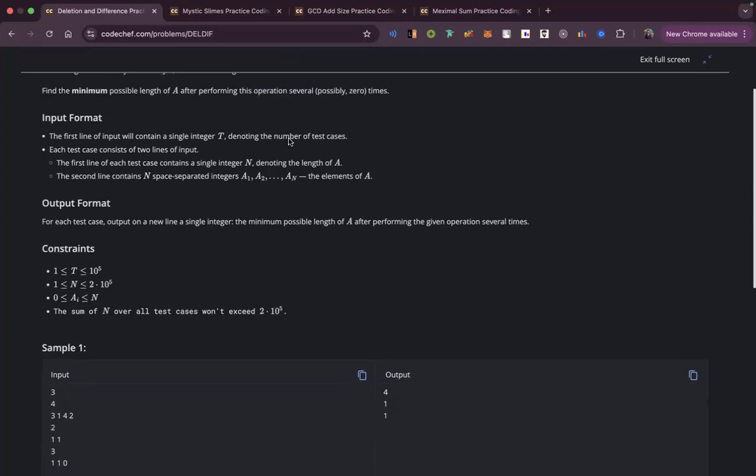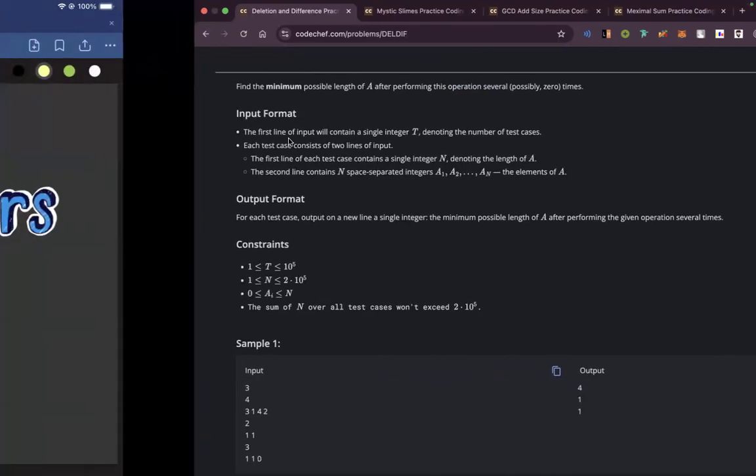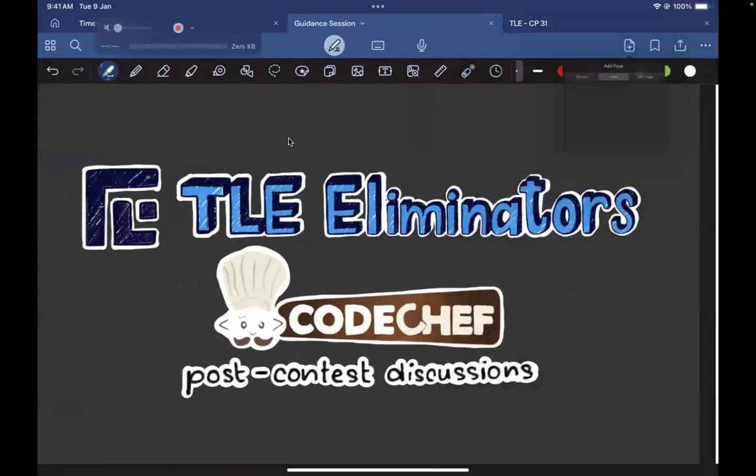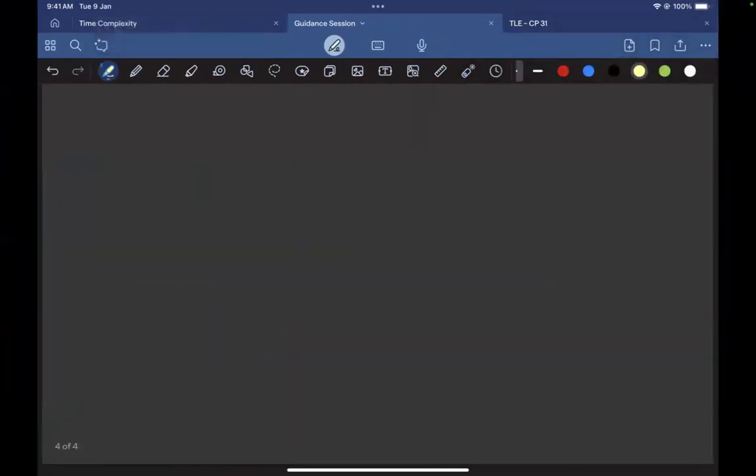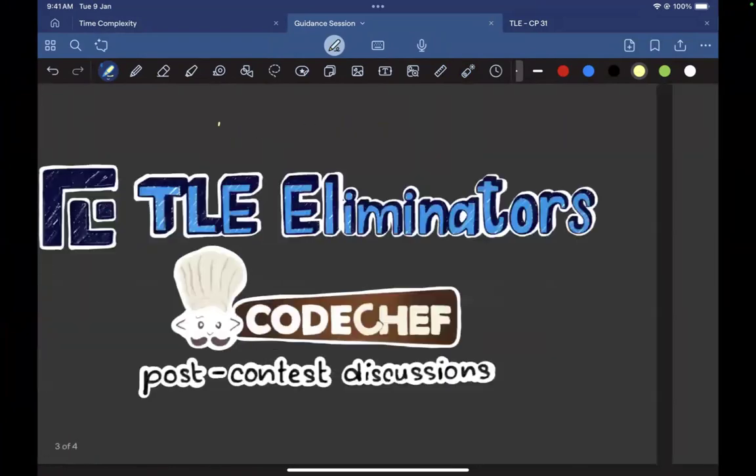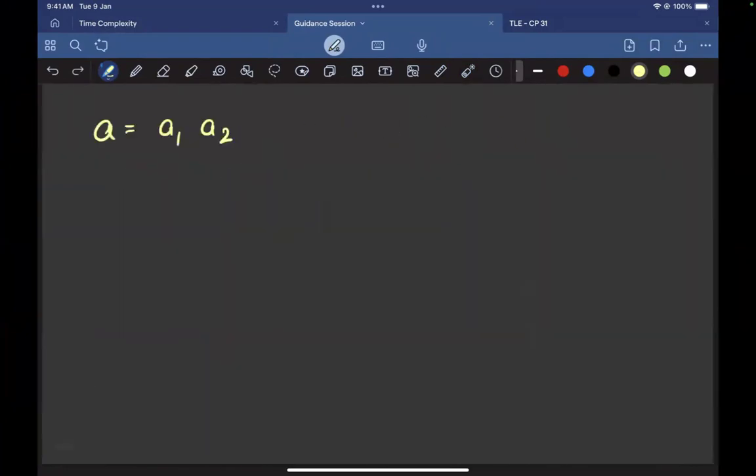All right, so let us look at a quick generalization of this problem. You have an array A to begin with, with the numbers A1, A2, A3, so on till AN. You pick up any 2 numbers and their difference is inserted back in the array.